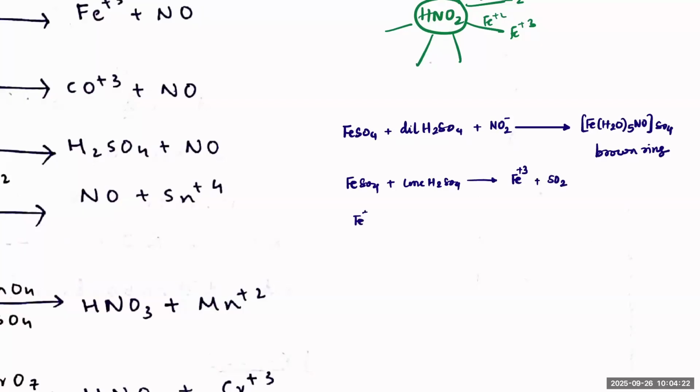And then this Fe+3 interacts with, sorry, my mistake, NO2- here. And this will make it back into Fe+2 and convert this into NO3-.